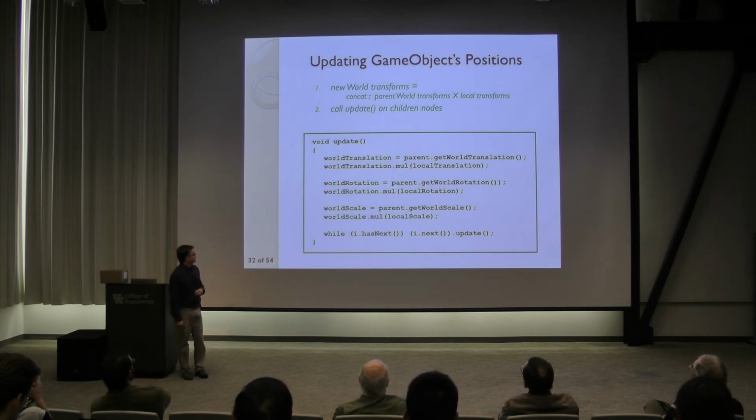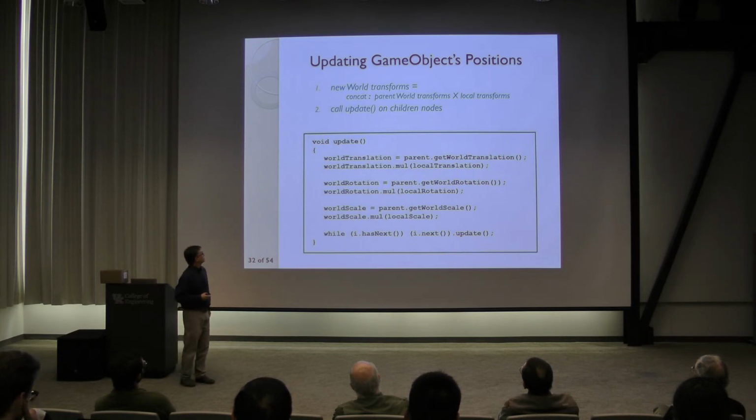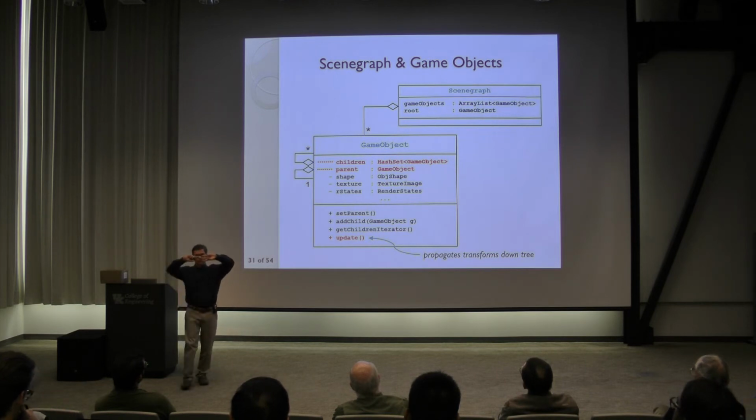All right, so here's an example of updating every game object's position. Previously, let's go back a slide, I told you that every object has three matrices, one for translate, one for scale, one for rotate. Actually, there are six matrices.